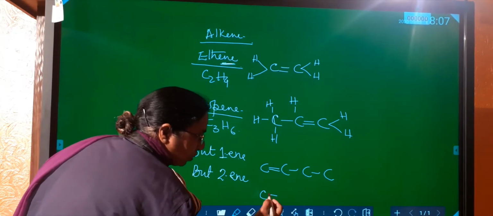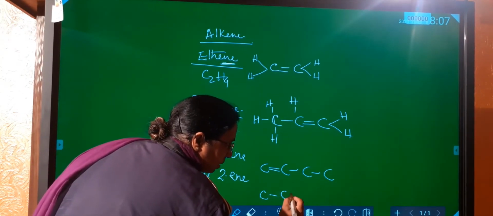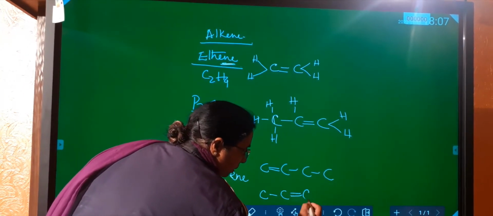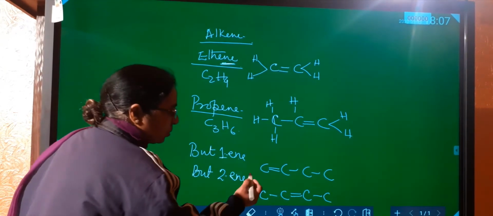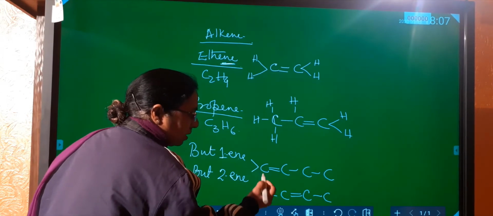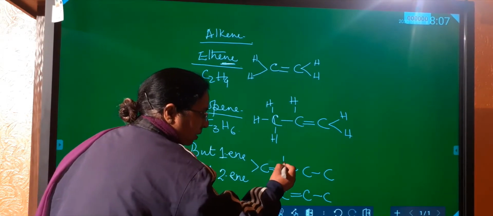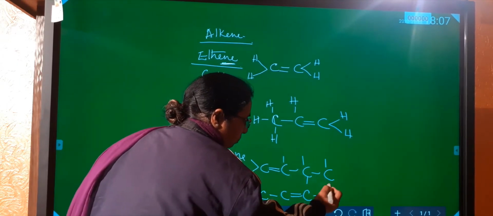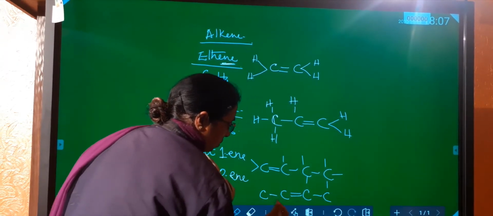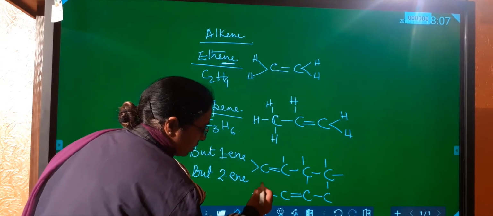Now if it is but-2-ene, then this becomes the second carbon. And again as I told you, you should complete the tetravalency of carbon. So this is 1, 2 like this. So tetravalency of carbon is completed.